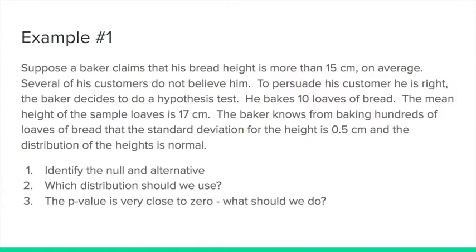So our final conclusion would be: the baker's claim that his bread height is more than 15 centimeters is supported by the data. We haven't proven that he's correct, but we have found data that supports his claim.